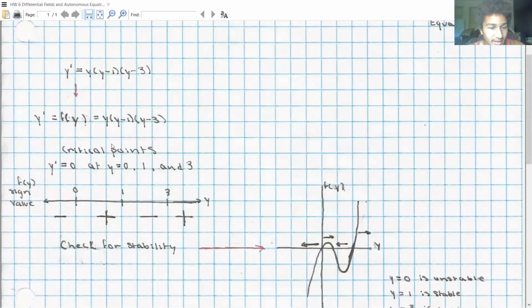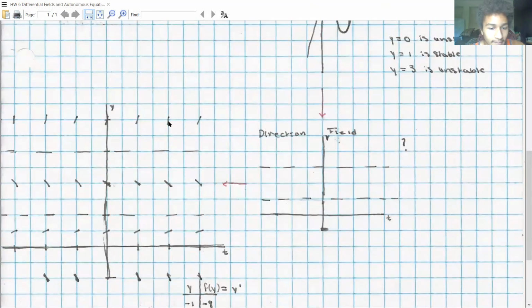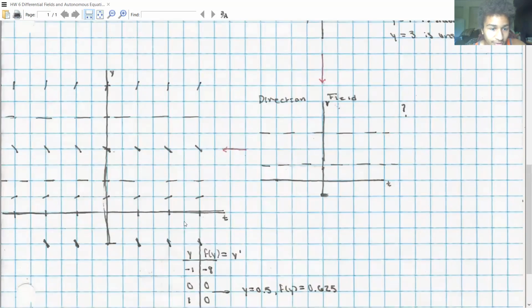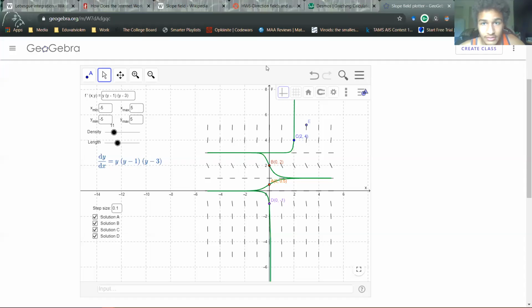We can plug this into the equation, -1, -2, and -4, and this will give us -8. We can do this and plug in multiple points, and we can get an idea of what this graph looks like. This will be our general directional field for y prime. And if we want, we can plug this into technology and get similar results.